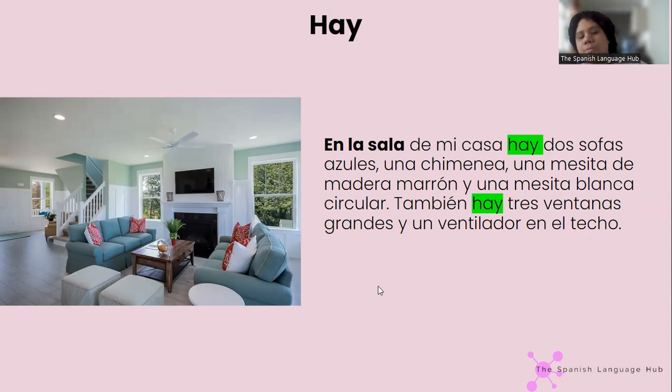So in the living room of my house, there are two blue sofas, one chimney, one brown wooden table, one white circular table. There are also three big windows. Oh, I forgot the chimney. Una chimenea, one chimney or fireplace, and one fan on the ceiling.